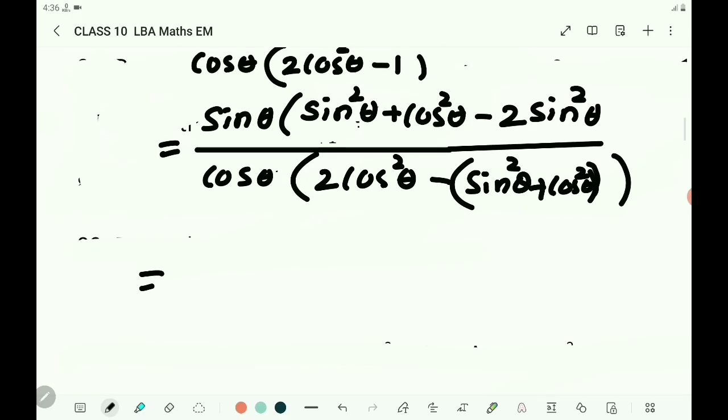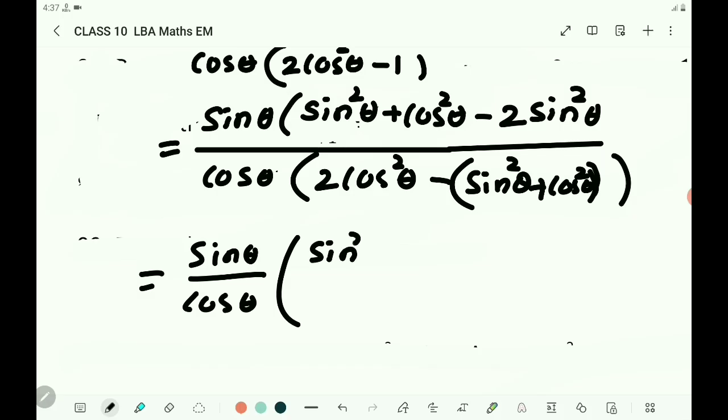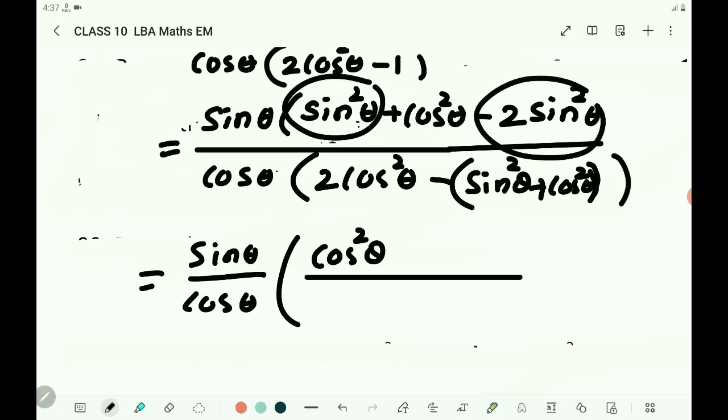Equals sin theta by cos theta into, here it is sin square theta, here cos square theta, cos square theta, sin square theta minus 2 sin square theta is minus sin square theta.